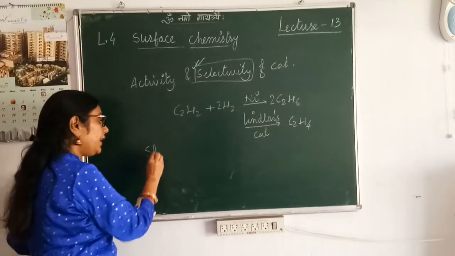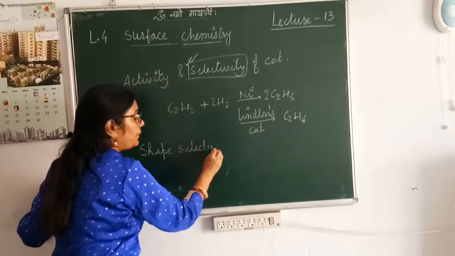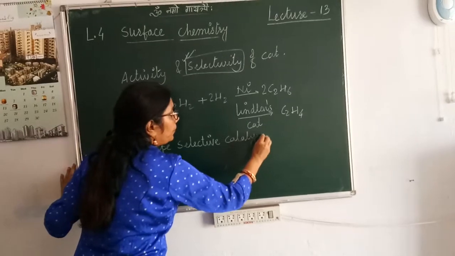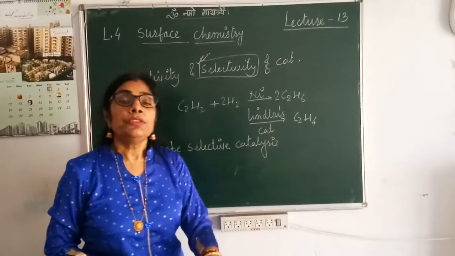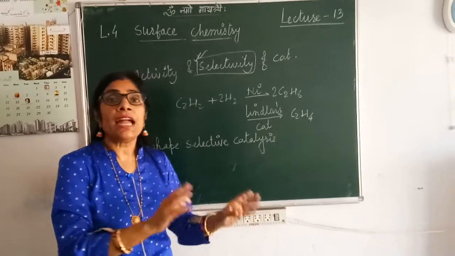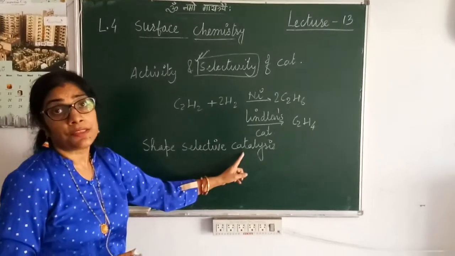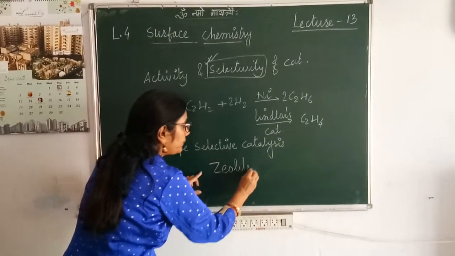And one more is there, that is shape selective catalysis. The catalysis which depends upon the pore structure of reactants and products is known as shape selective catalysis. And here the most common example is zeolites.